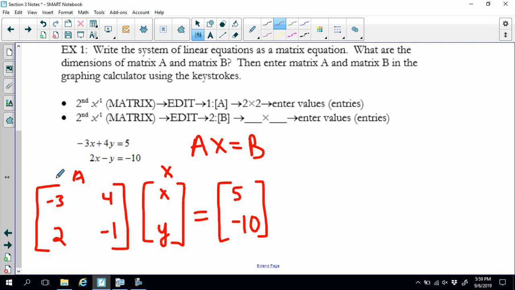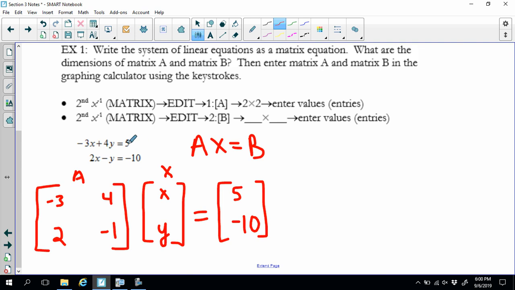Now if we look at the numbers on the first row, -3, 4, and 5, all those values come from our very first equation. While our second row, 2, -1, -10, comes from our second equation. So those should be corresponding.